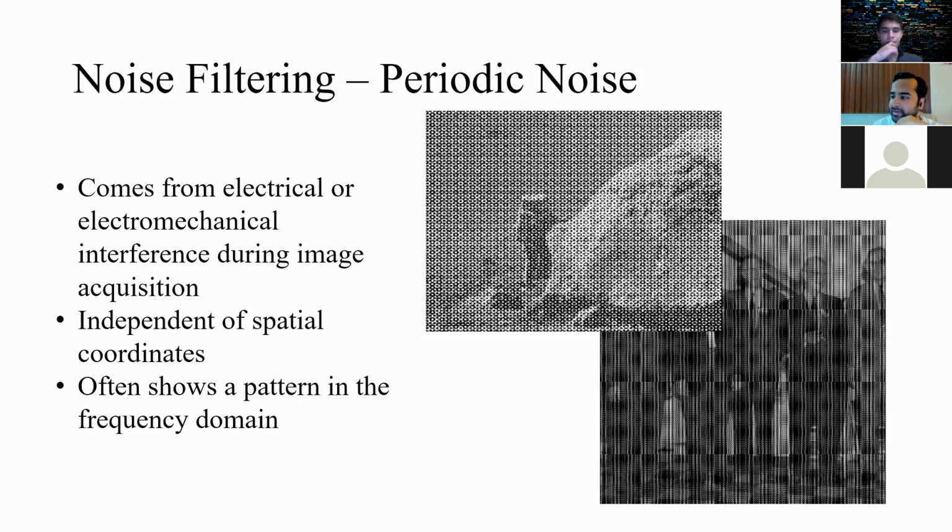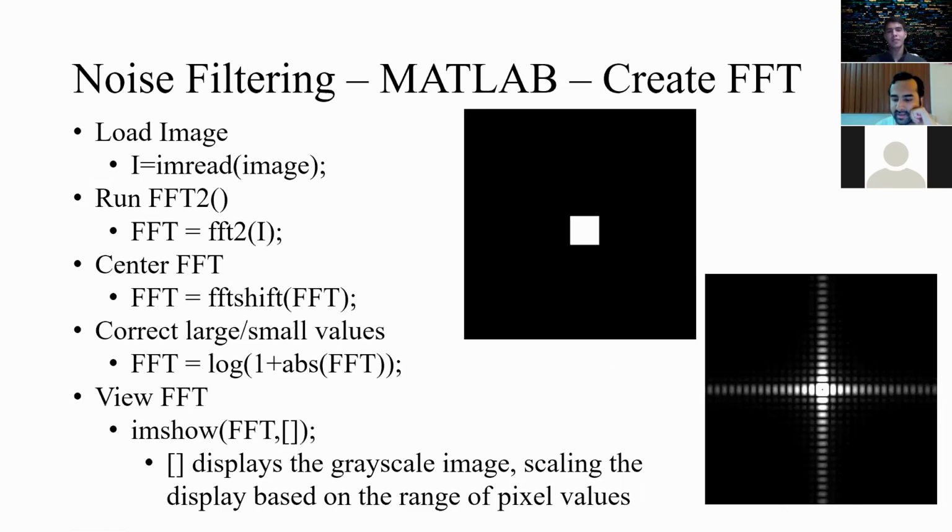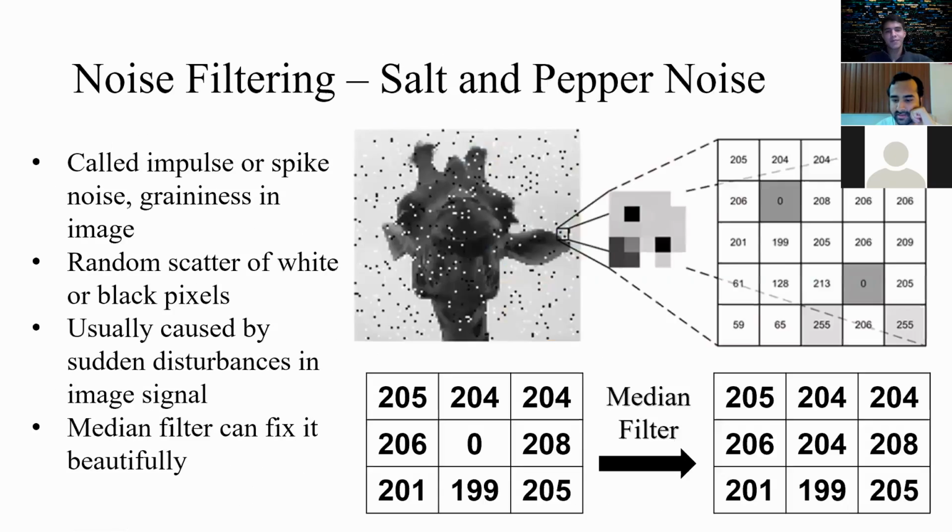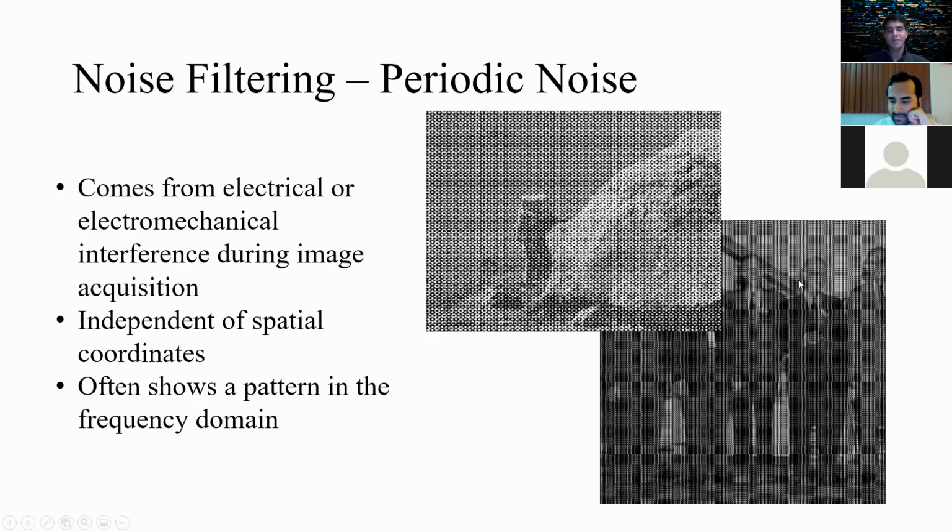Any questions before I continue? If you only have it repeating in one direction, not throughout the entire image, like with a rerun or a VHS tape, something like that, probably.